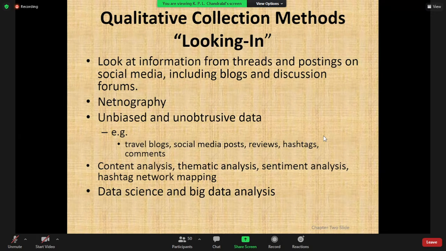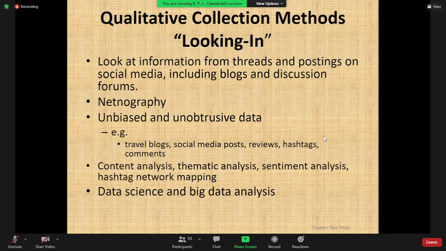Right? And today, due to data science and big data analysis, we can analyze millions of posts. Today, it's possible. Those days, actually, our computers did not have that capacity. But today, if you take 1 minute, how many new things are posted in social media?